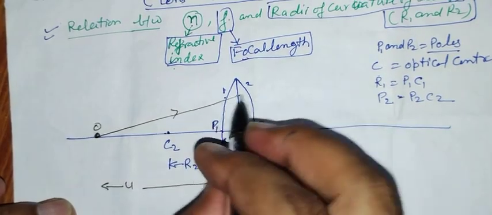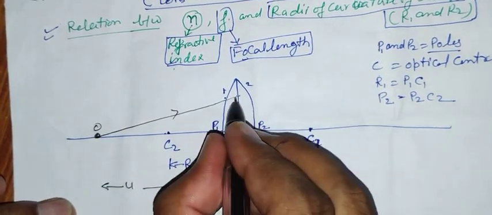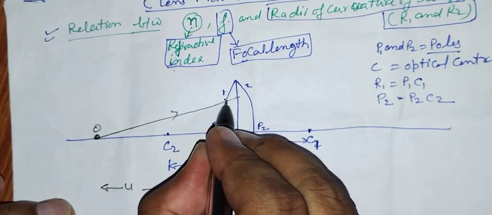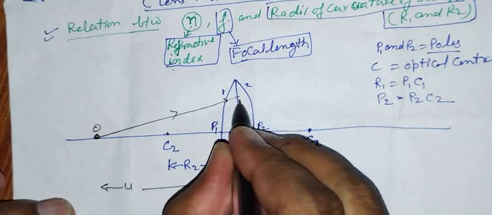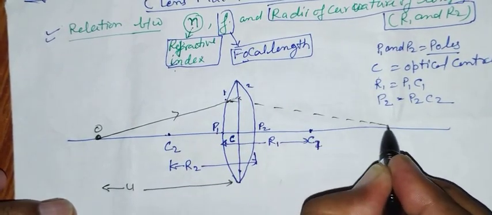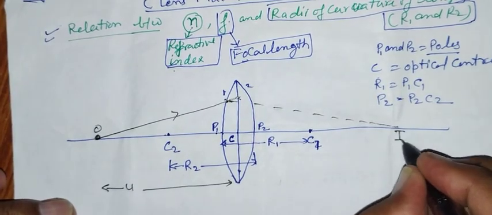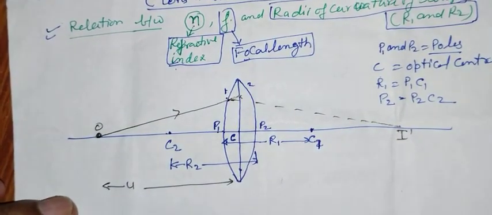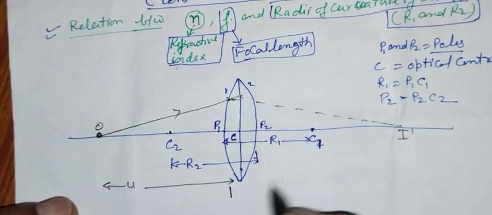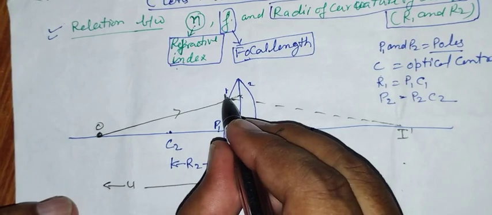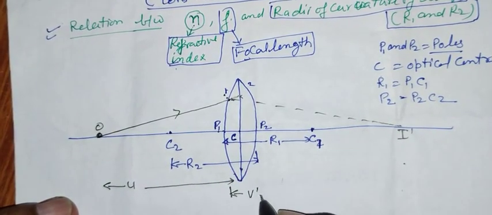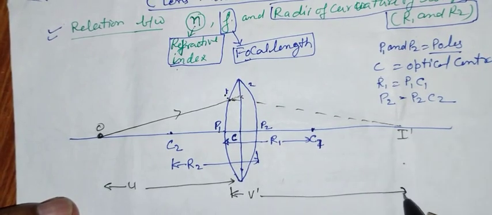Due to the first surface, refraction takes place, and its image is formed at I dash here. So the distance from P1 to the image formed due to the first surface, let it be v dash in the diagram.